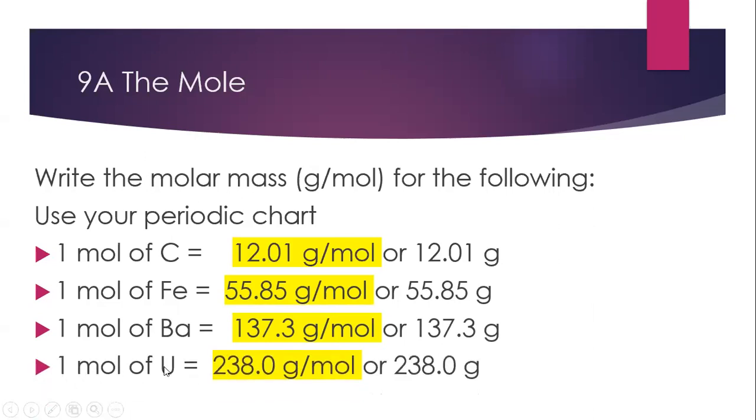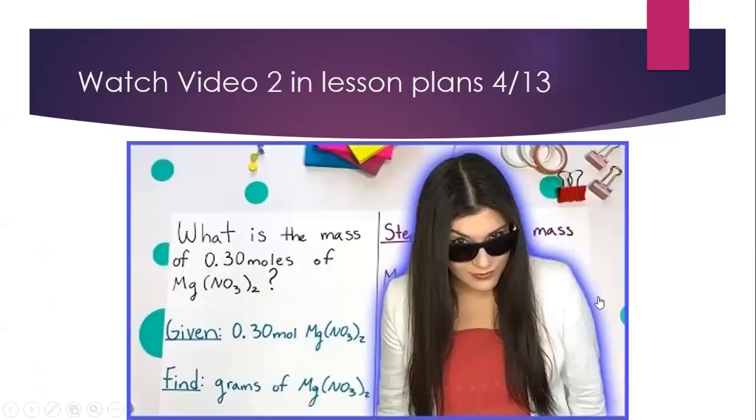And then 1 mole of uranium, 238.0 grams per mole. So just looking at your periodic chart, anytime it says anything about mass at all, you need your periodic chart and the mass numbers. Okay, here is our video number 2, and it is in lesson plans for 13 Monday.